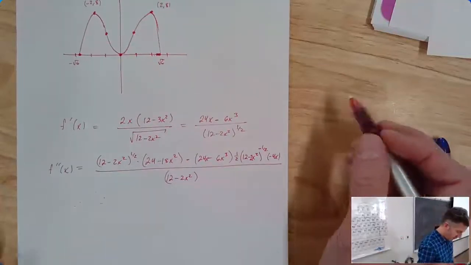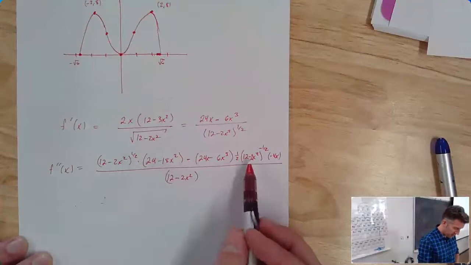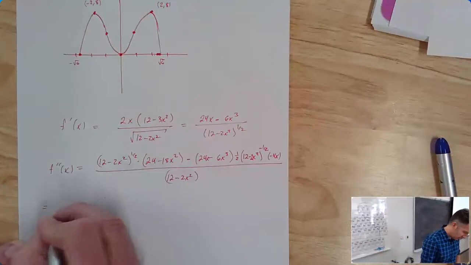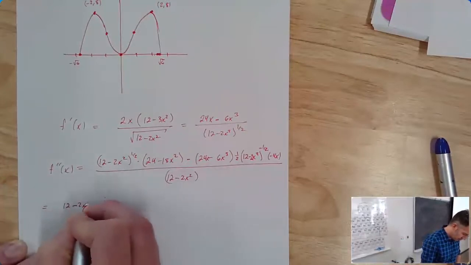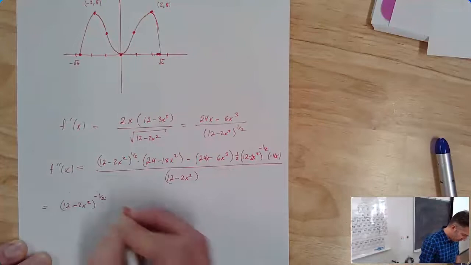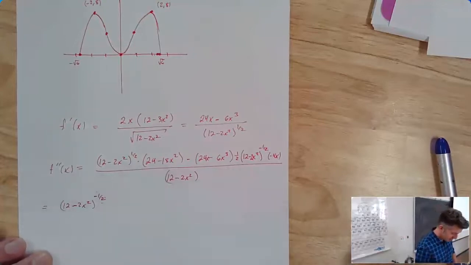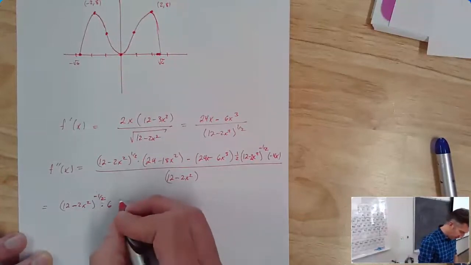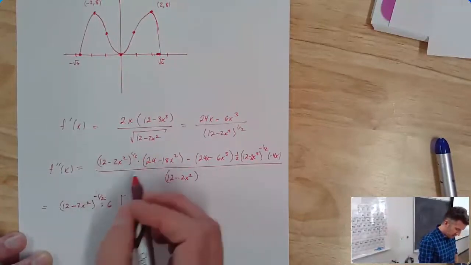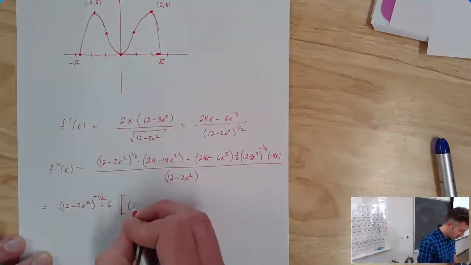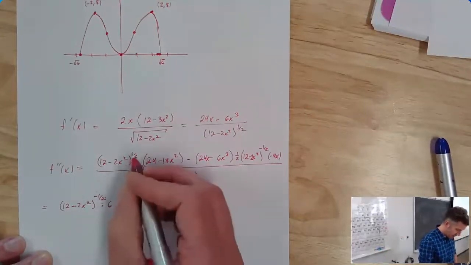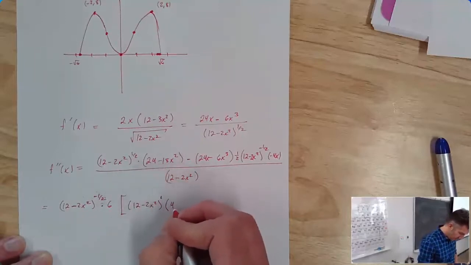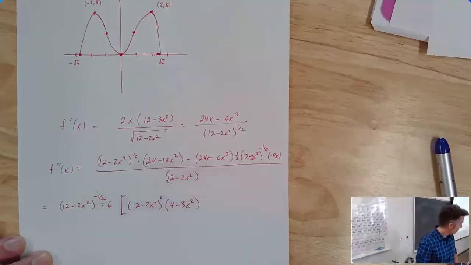We're going to simplify kind of like we did before. We're going to factor out as much as we can. So I can definitely factor out a 12 minus 2x squared to the negative 1/2 from the top. I can also factor out a 6. And I think that might be it. Let's find out. From this first piece, I have a 12 minus 2x squared to the positive 1, and if I factor out a 6 here, I'm left with a 4 minus 3x squared.